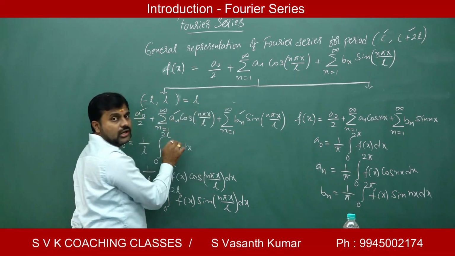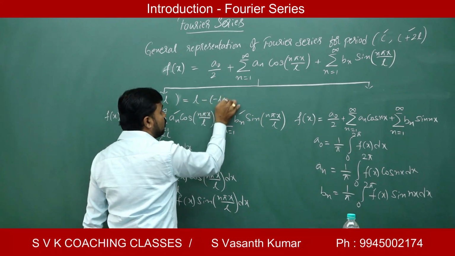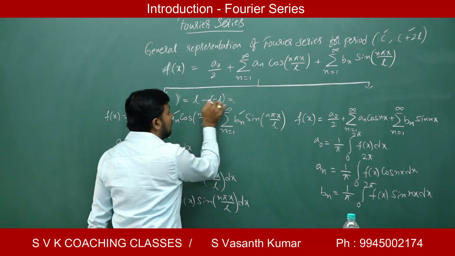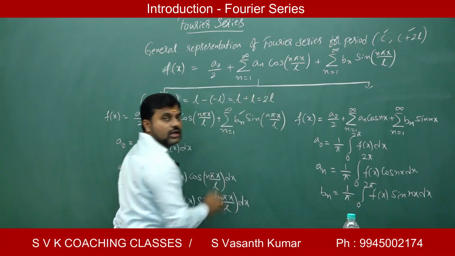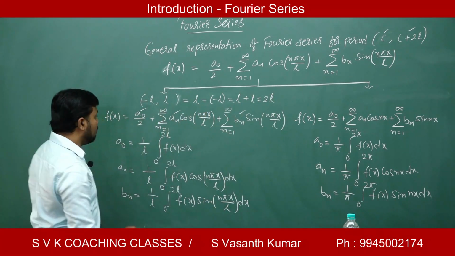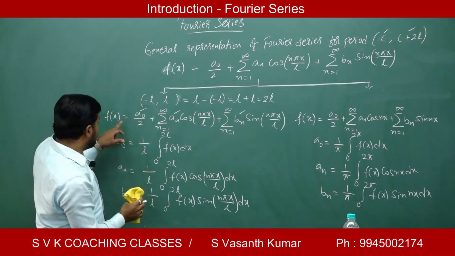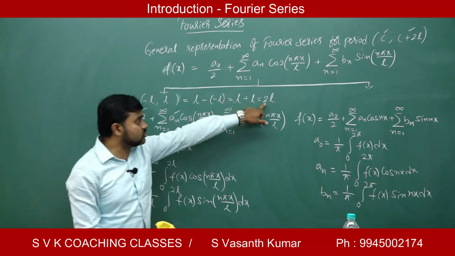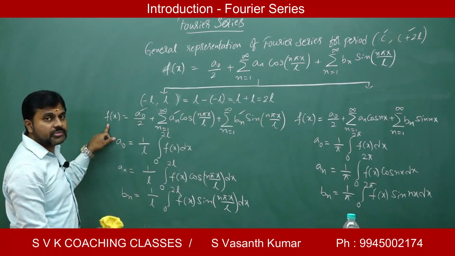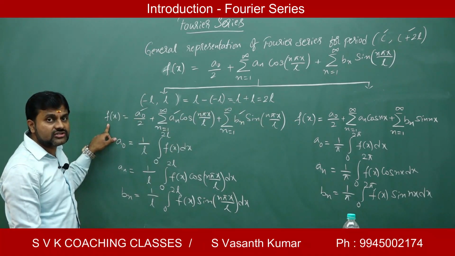Upper limit is L, minus the lower limit minus L, gives L plus L, which is equal to 2L. So the period is 2L and the Fourier series expansion is the same.